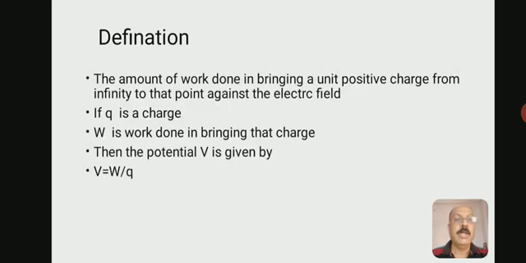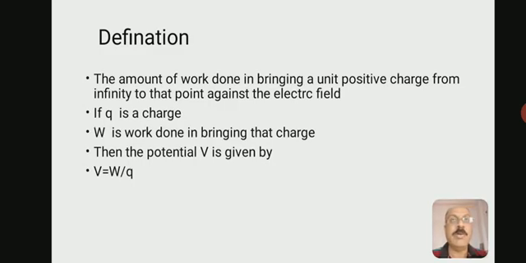Now what is meant by electric potential? It is the amount of work done in bringing a unit positive charge from infinity to that point against the electric field.